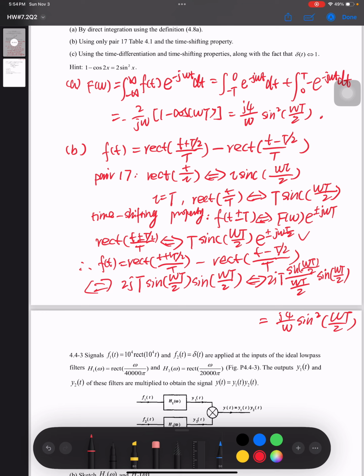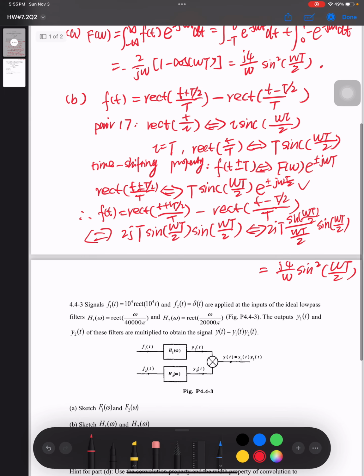And about the third method, let's insert a blank page.